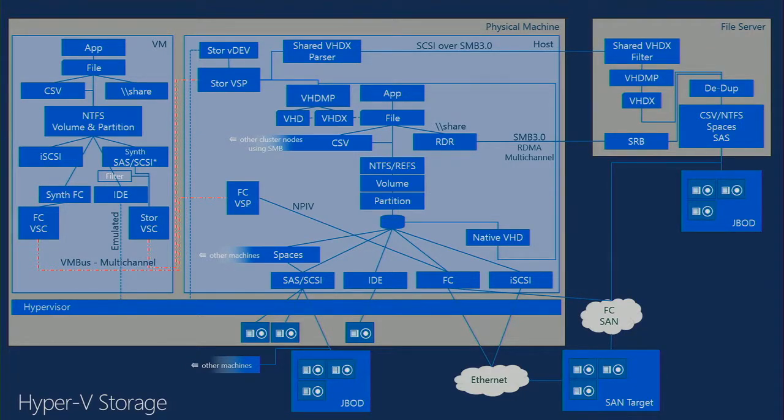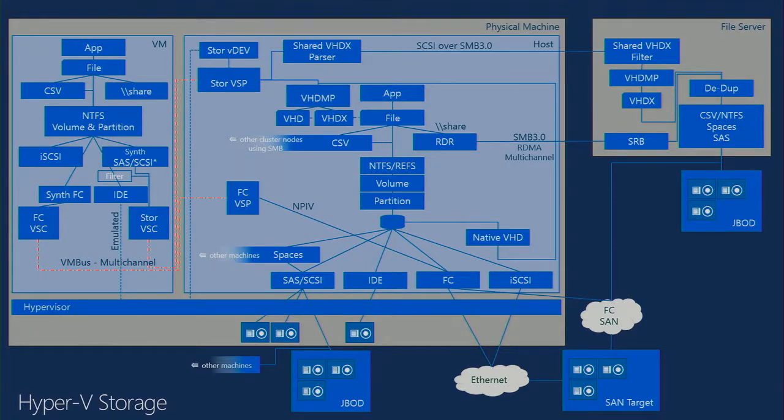In fact, we also have something called the shared VHDX. This was introduced brand new in Windows Server 2012 R2. Shared VHDX allows the VHD file itself to be shared across multiple virtual machines that are run on multiple hosts. And the reason it's possible is because the parsing of the VHD file, the VHDMP, has been relegated to the file server. Notice the file server is again another Windows box, so the same code exists there, and all we did was let the parsing happen on the file server.